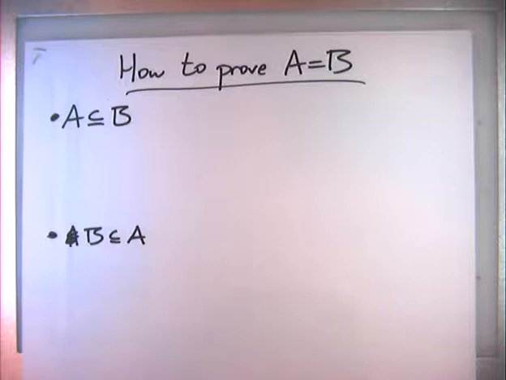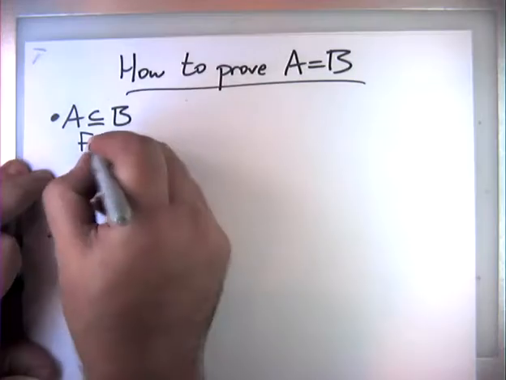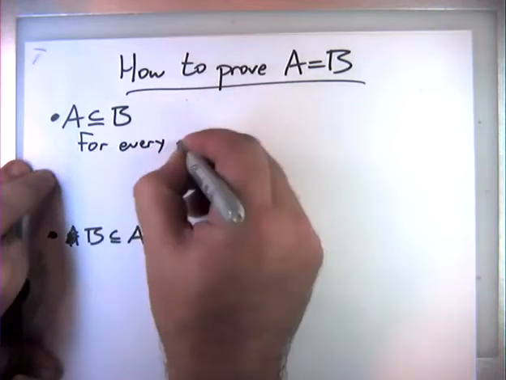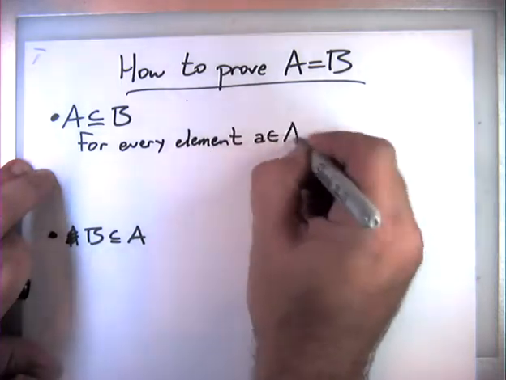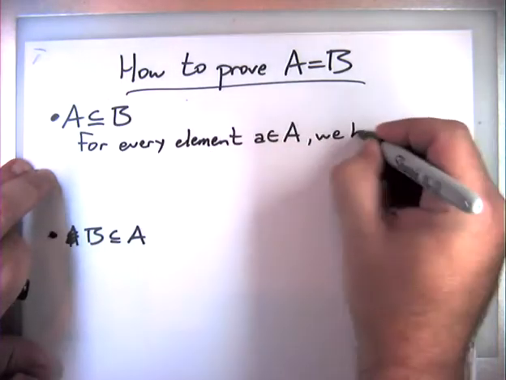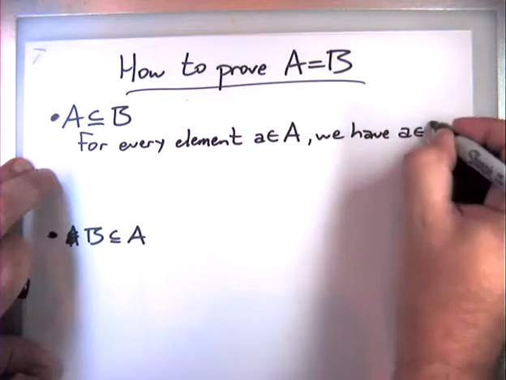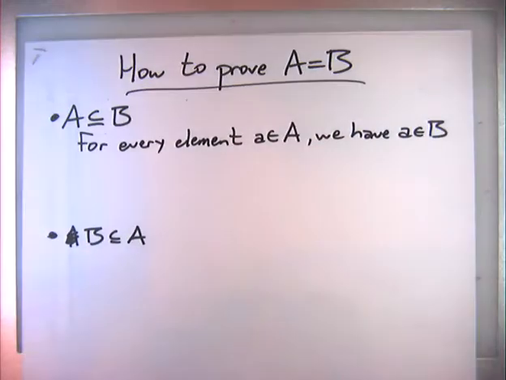What does it mean for A to be a subset of B? Right. So for every element, let's call it little a in capital A, we have little a is also in B. Great. All right, last push.